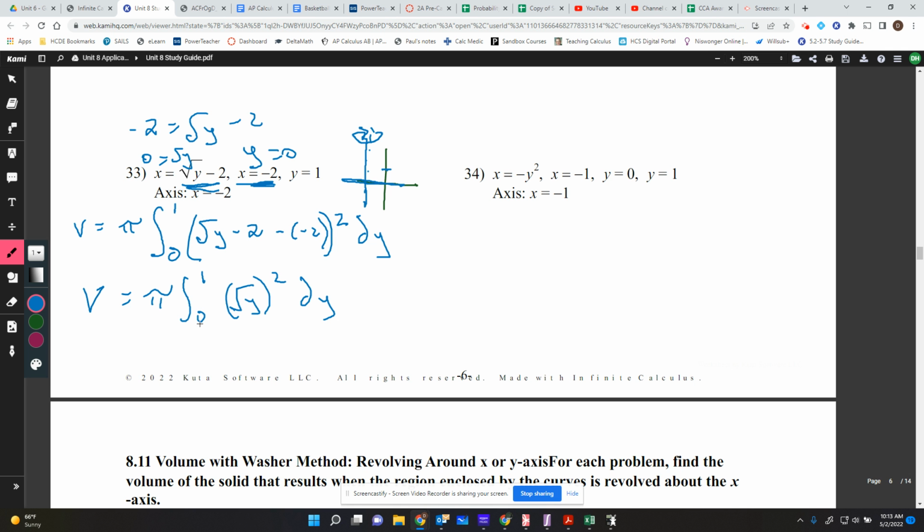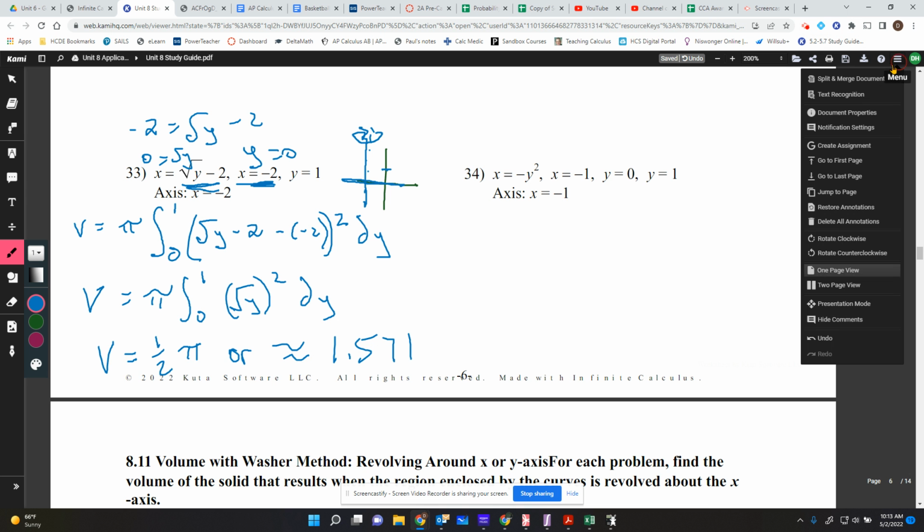It's just going to be y from 0 to 1. And you have to integrate that. But it would be 1/2 pi, or about 1.571. Then delete this.